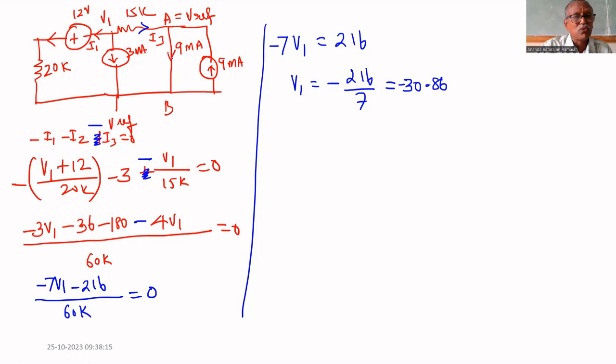Where do we want voltage? We need the current through this. Already we know this current, and the entire 9 milliampere is going through this. That is positive.